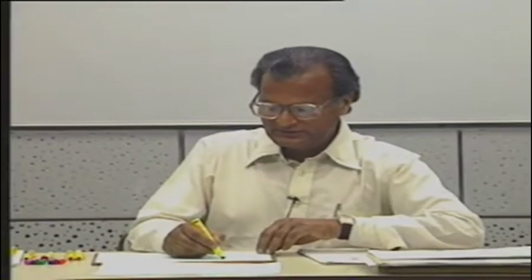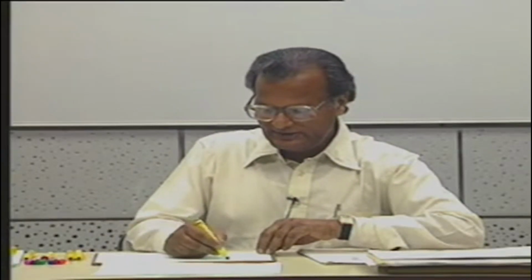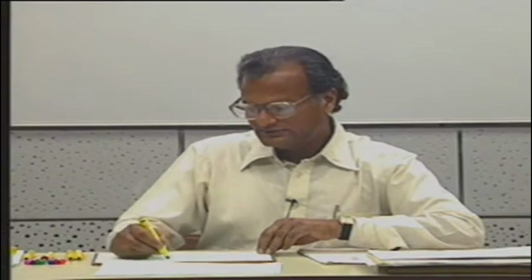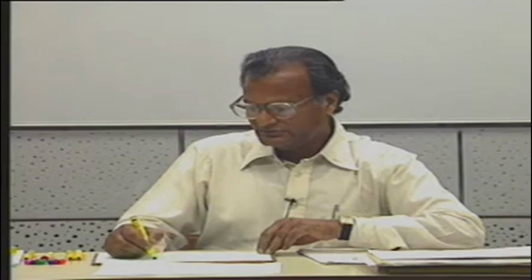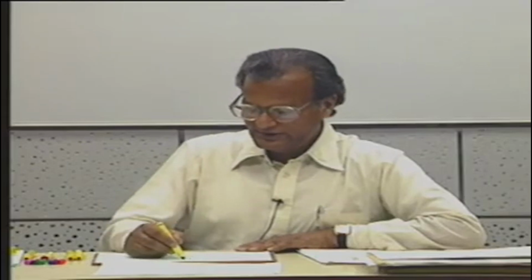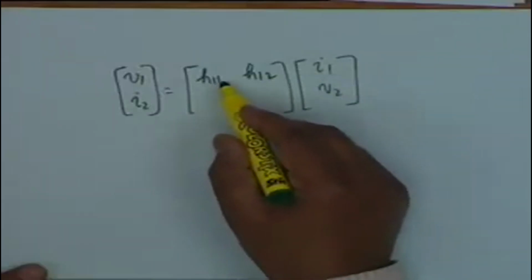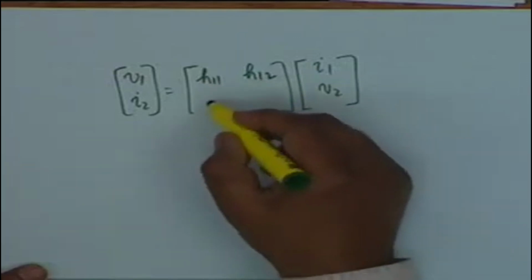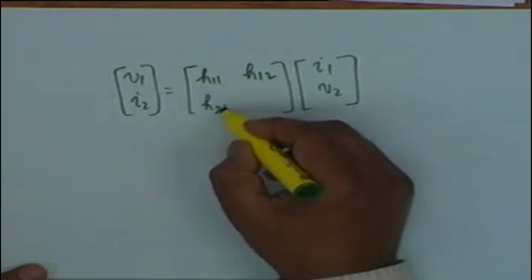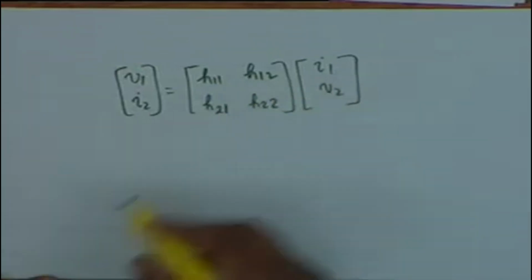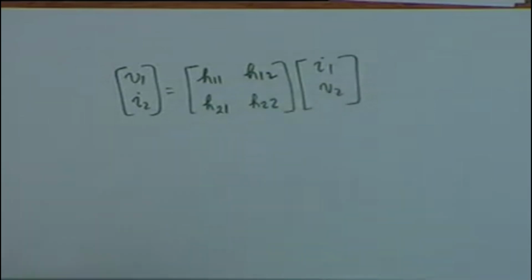If we expand this relation, let me rewrite. V1 I2 is the H parameter times I1 V2, and these parameters are named in the same manner. That means we call them H11, H12: first row first column is H11, first row second column H12, second row first column H21 and H22, and these are called hybrid parameters.